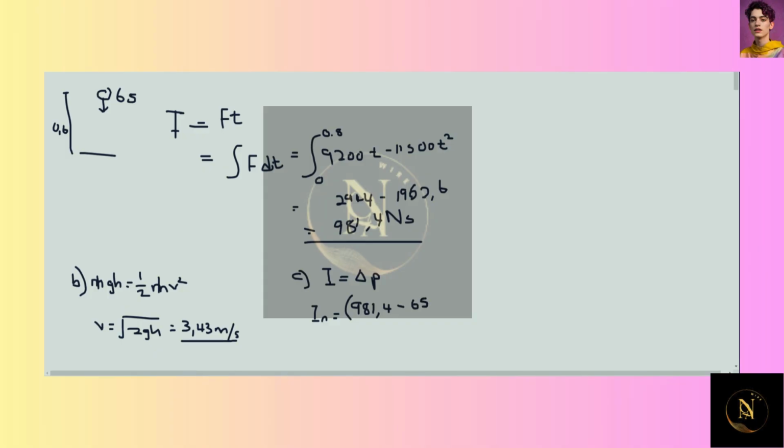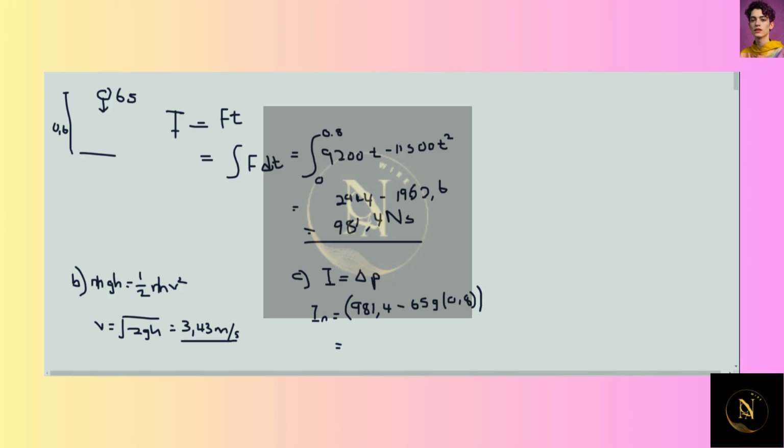So this would be m times g for the gravitational force, but since this has to be an impulse, it has to be multiplied by the amount of time that it's being acted upon. This is the constant force, therefore impulse is just the force times the time. This is the time-dependent force that you got up here. Once you finish all of this, you find that you get the net impulse out here.